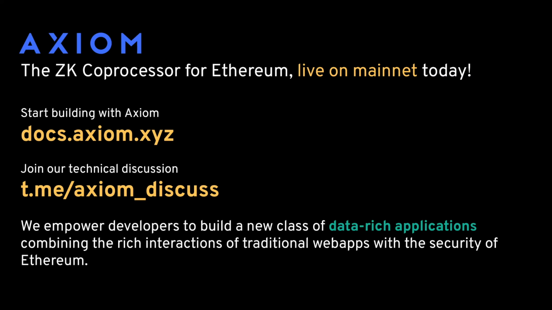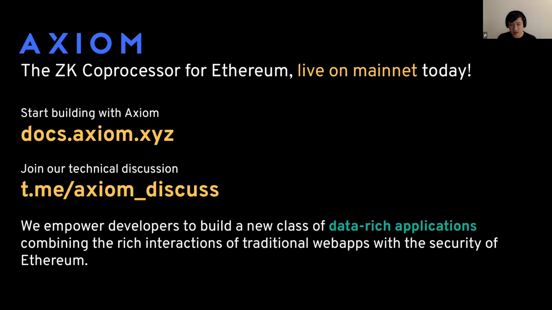All right, another question is, if the consensus mechanism of the original blockchain changes or a hard fork occurs, how does Axiom ensure the consistency and integrity of the data? Yeah, that's a great question. If something is proved by Axiom on a branch of a blockchain that is on the wrong side of a hard fork, then it's as if that never happened.